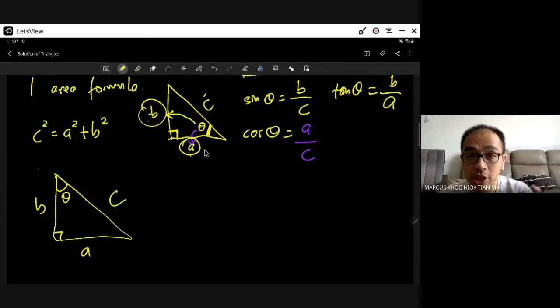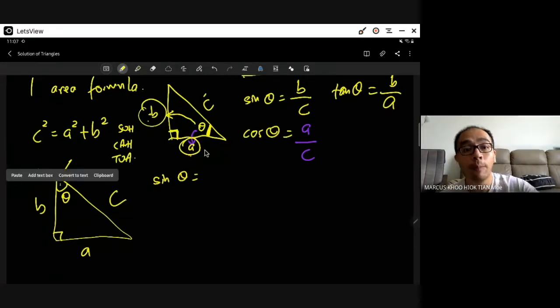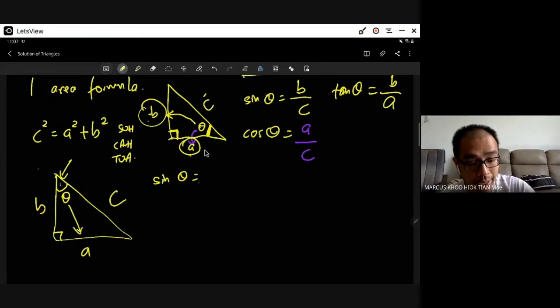Then my sine theta, cos theta, and tangent theta will be different. Since my theta is here, the opposite is now A, so sine theta is A over C.